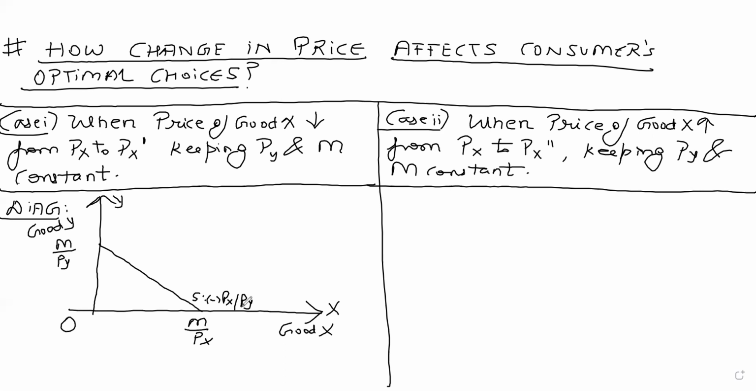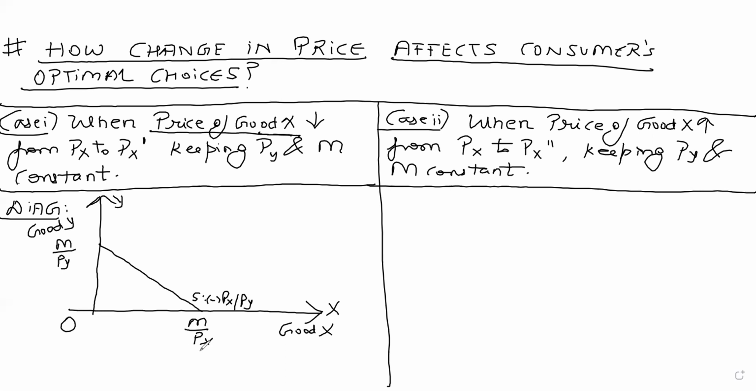Now guys, my price of good X is falling, but there is no change in price of good Y and income. So when price of good X is falling, if you all can recall from my lectures on budget lines within the broad topic consumer theory, what will happen to the horizontal intercept? When price of good X falls, you can clearly see that the denominator of the horizontal intercept falls.